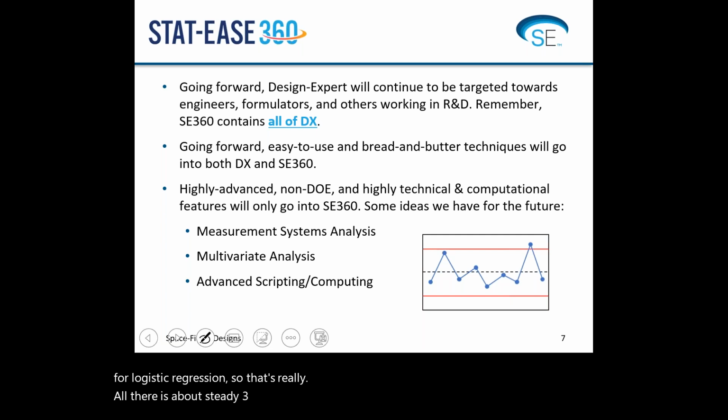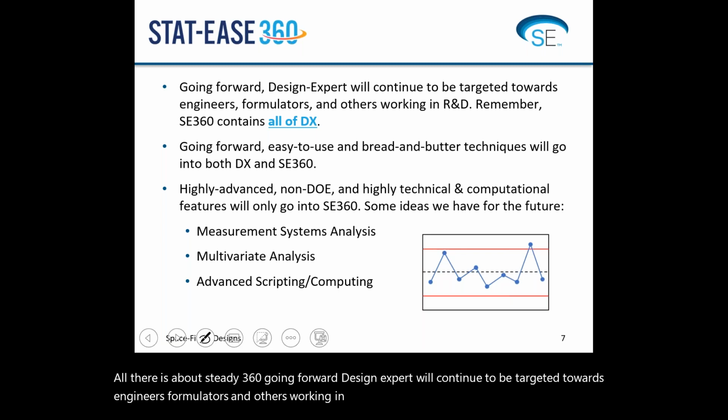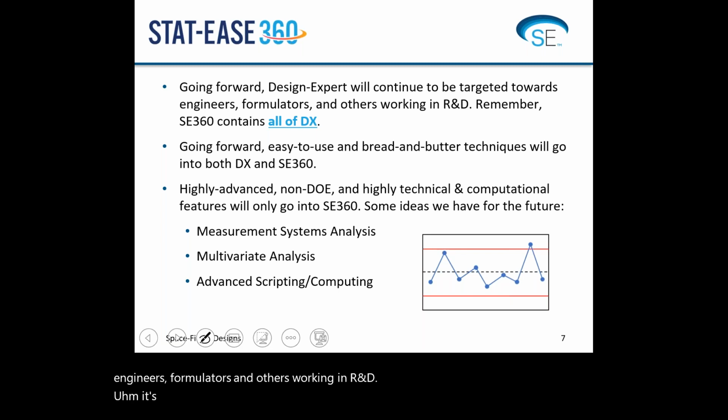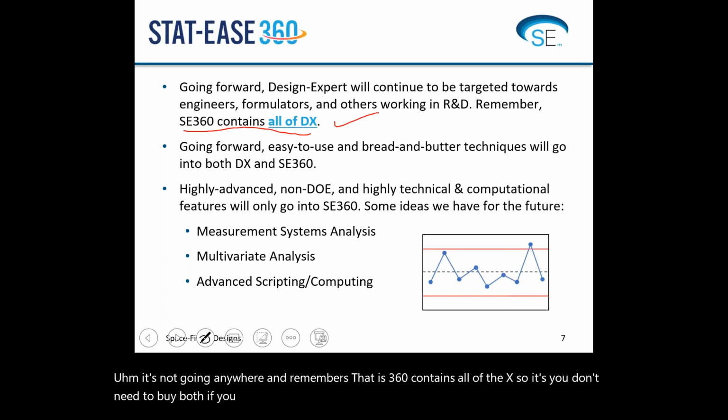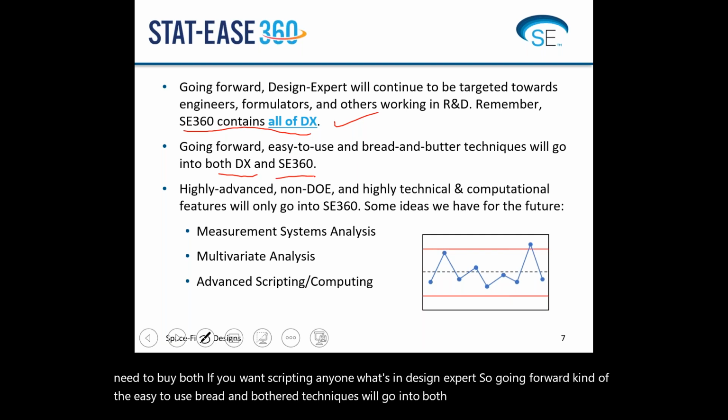Going forward, Design Expert will continue to be targeted towards engineers, formulators, and others working in R&D. It's not going anywhere. And remember, Statist 360 contains all of DX, so you don't need to buy both if you want scripting and you want what's in Design Expert. So going forward, the easy to use bread and butter techniques will go into both Design Expert and Statist 360.